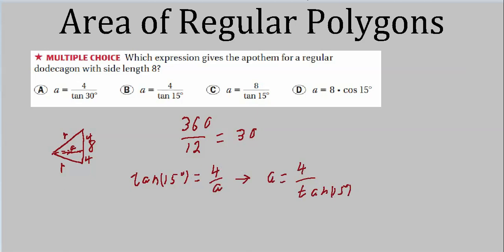And notice, just like on your standardized state exam, if you got in a hurry and didn't pay attention, you might write that tangent of 15 degrees equals 8 over A, because we got one side here equal to 8, and forget that you only need half of that. And what did they do? Well, they put that answer in there, so if you got confused, you might grab this answer.